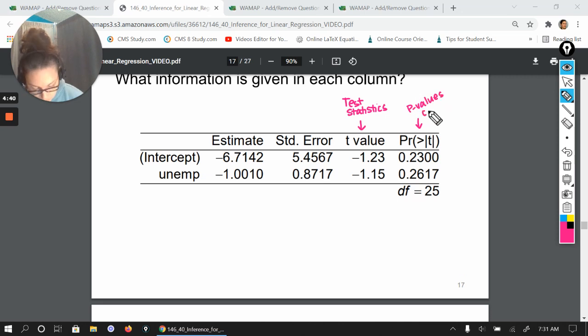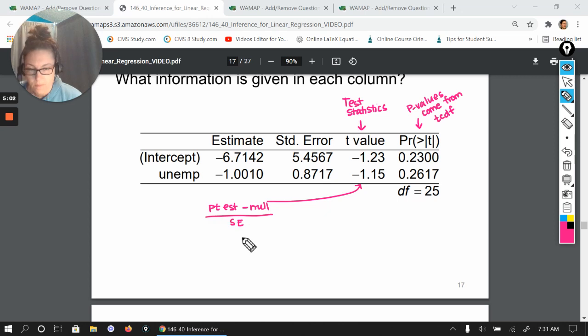If you use a TI-84 calculator, these come from the tcdf command. For test statistics, the formula is the point estimate minus the null value divided by the standard error.